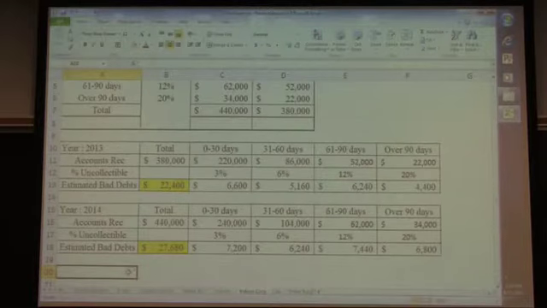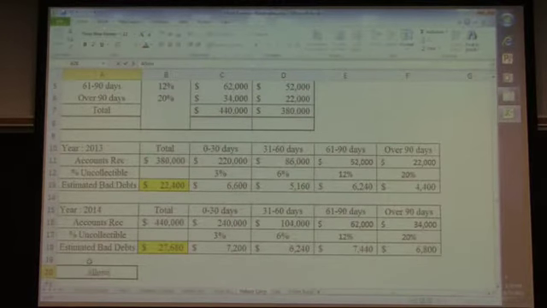Now, the second question asks you to prepare the journal entries for 2013 to account for this bad debt allowance. As we can tell in the question, they did tell you that the allowance before the adjustment in 2013 is $3,000.